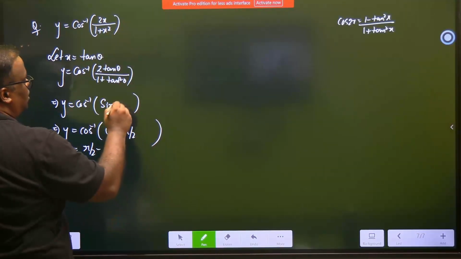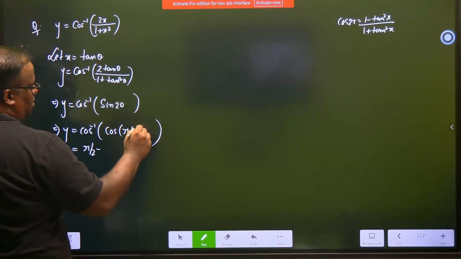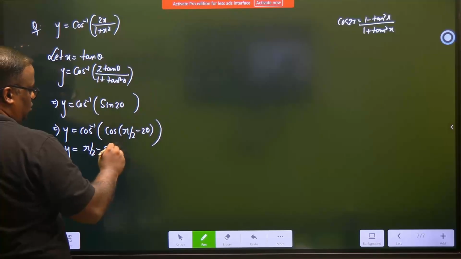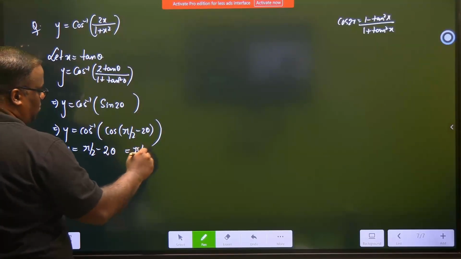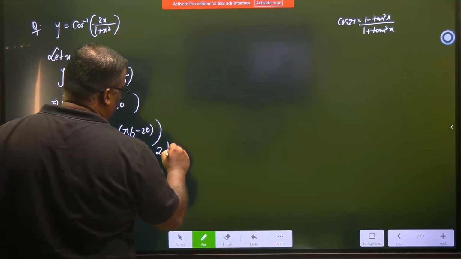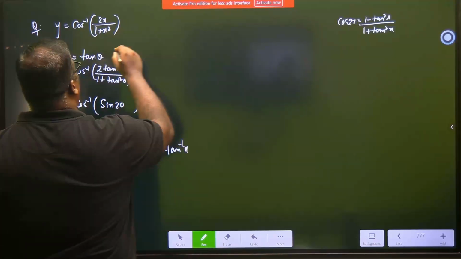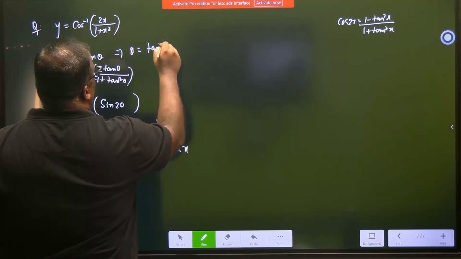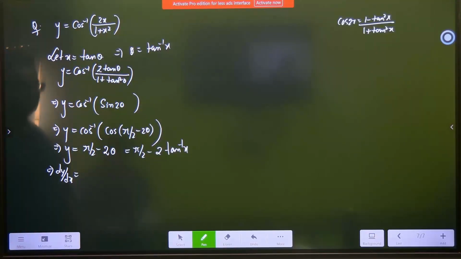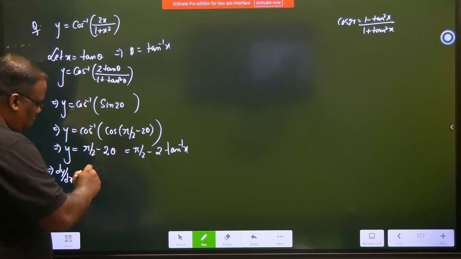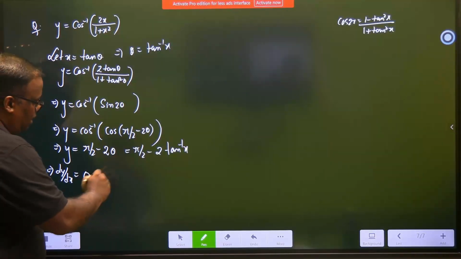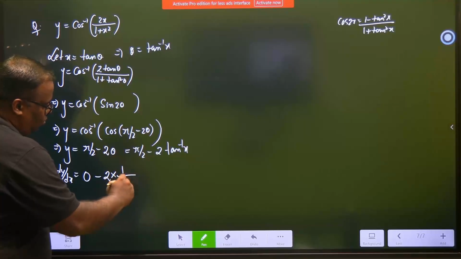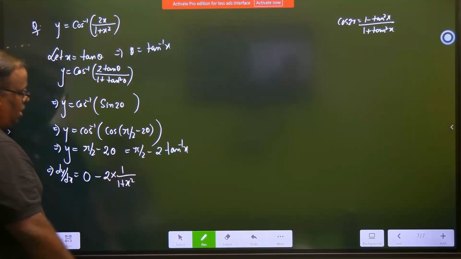So this is cos inverse of cos of (pi by 2 minus 2 theta), which is pi by 2 minus 2 theta, which is equal to pi by 2 minus 2 tan inverse x. Here we write theta is equal to tan inverse x. Done. Now the problem is easy. So dy by dx will become 0 minus 2 into 1 by 1 plus x square.